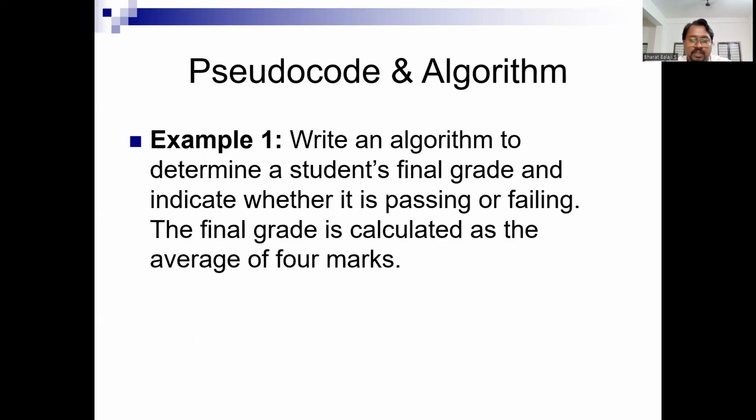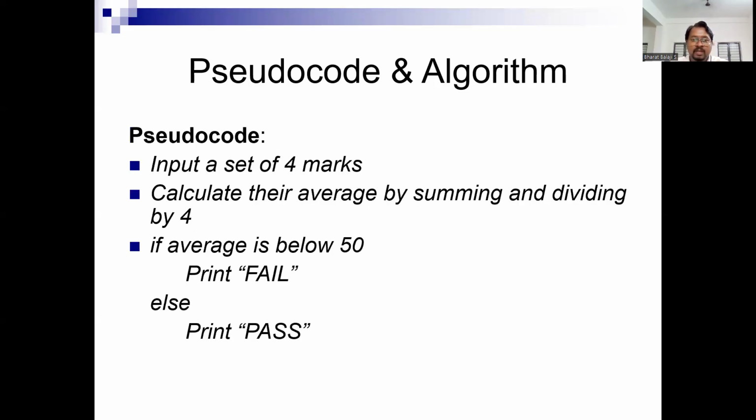Suppose we are going to see an example: write an algorithm to determine the student's final grade and indicate whether it is passing or failing. So we need to get the final grade and mention whether he passed or failed. The final grade is calculated as the average of 4 marks. Now we are going to see the pseudocode for this.